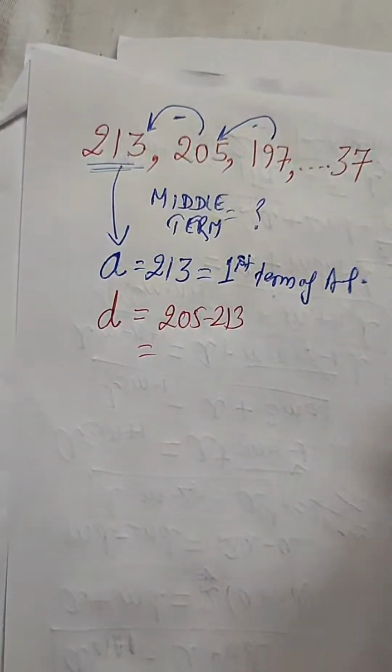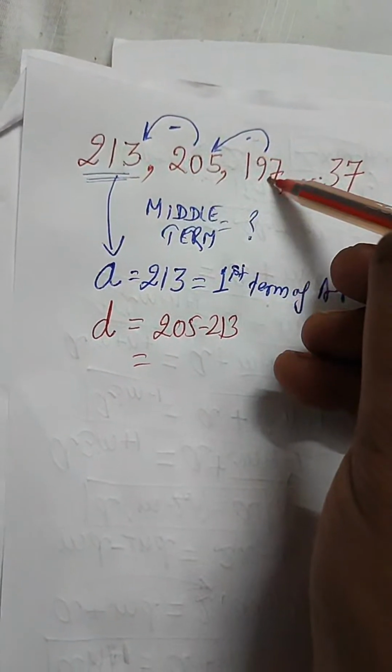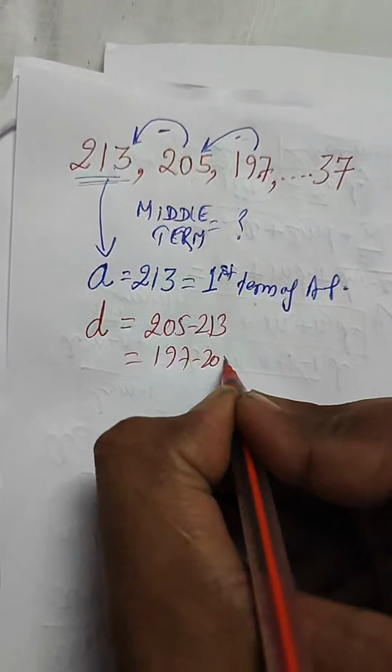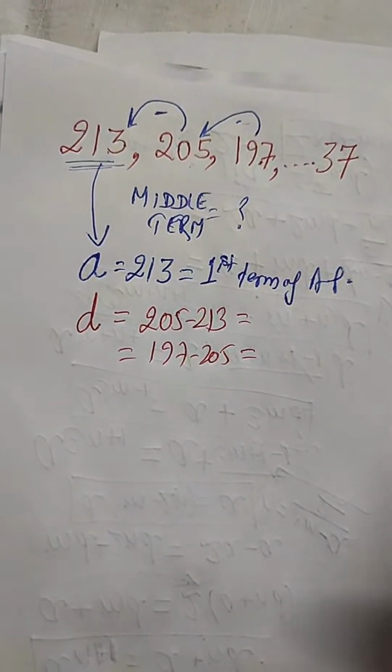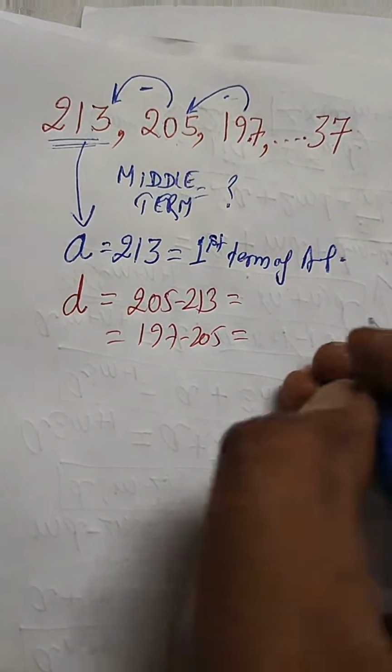This can also be calculated by subtracting the second term from the third term, which gives 197 minus 205. So we check both of these to see whether the common difference comes out the same or not.